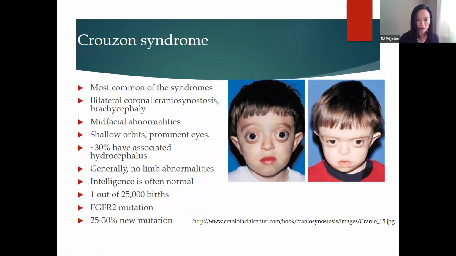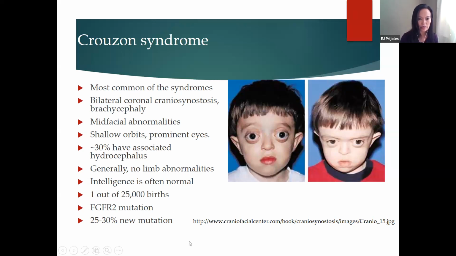And these are photos of a child depicting Crouzon syndrome. It is one of the most common of the craniosynostoses, often with bilateral coronal suture closure. And oftentimes, like I said, the growth isn't able to occur as much from front to back.